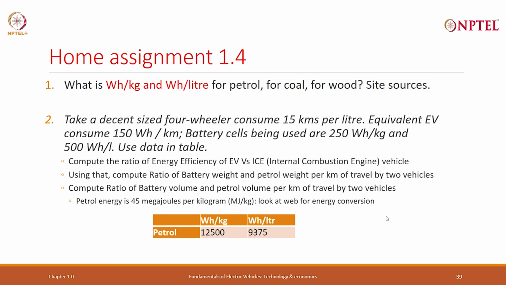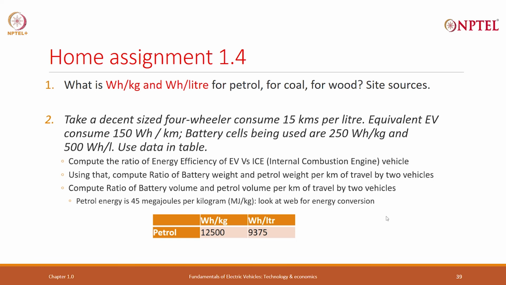Okay. So, using this, compute the ratio of battery weight and petrol weight per kilometer of travel by the two vehicles. So, you will see suddenly battery weight is a big pushback. Compute the ratio of battery volume and petrol volume per kilometer of travel by the two vehicles.